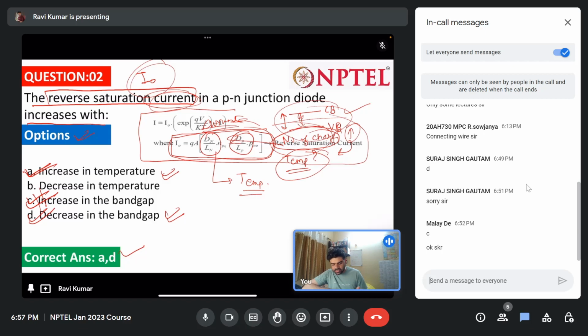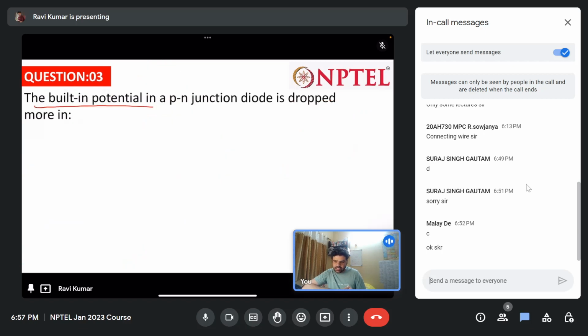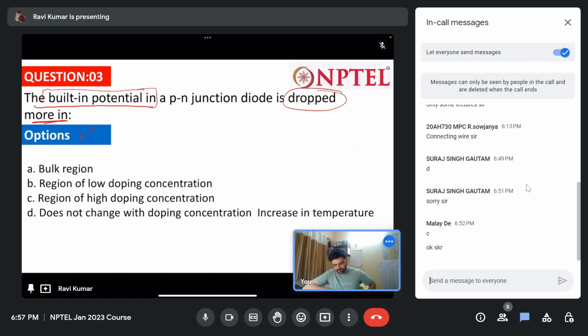So let's move to the next question, which says the built-in potential. Built-in potential means VBI, in a PN junction diode, is dropped more. Dropped. And these are the options.